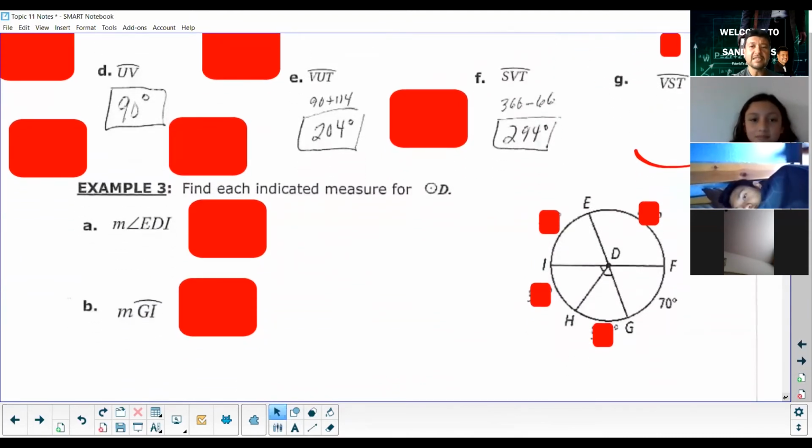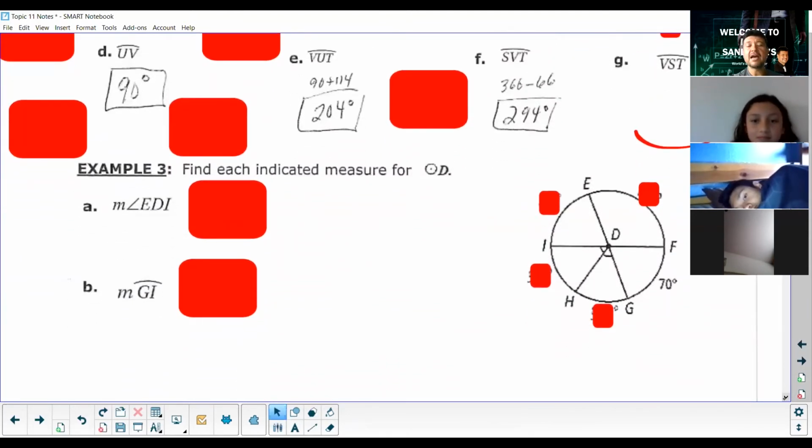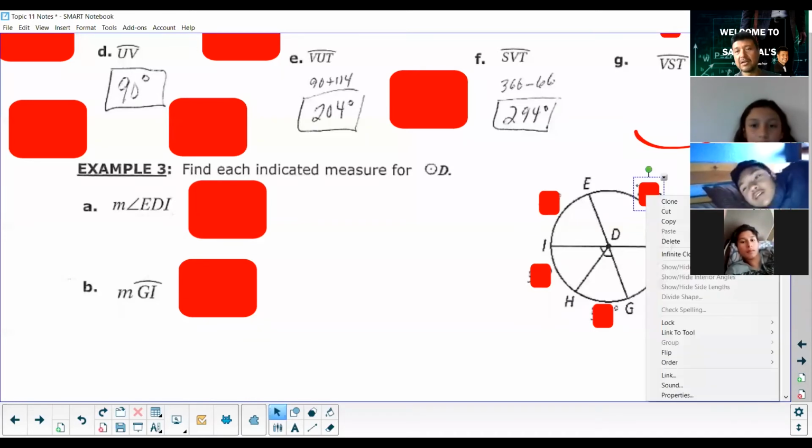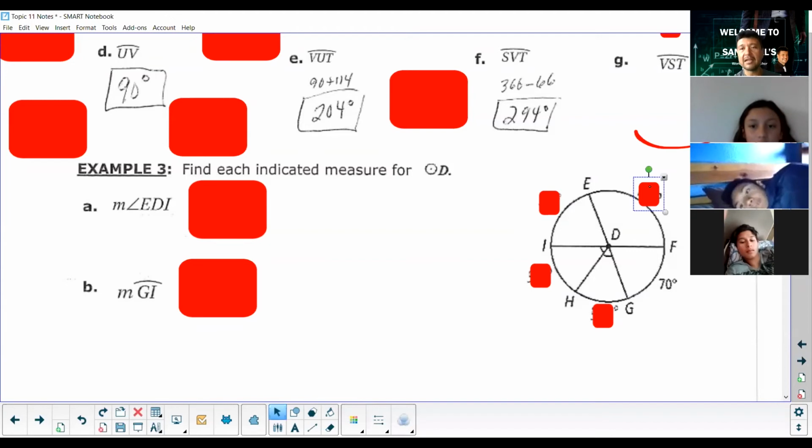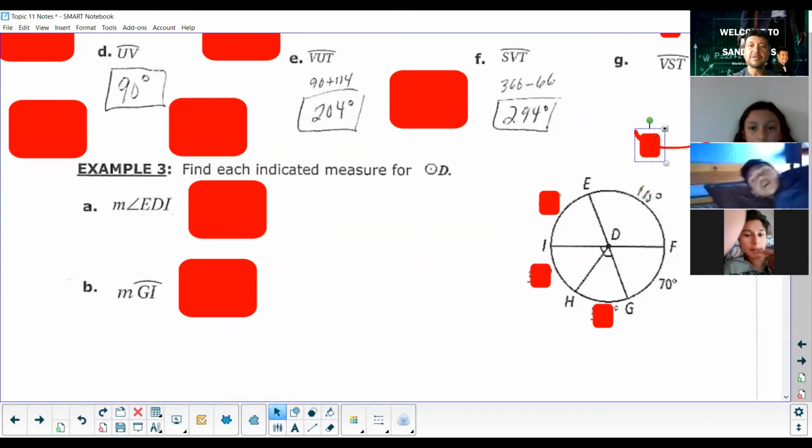Now this is basically the same thing, but now we have to find out what each of these boxes are. Let's start with Marcus. Do you know what this box is? Here, let me show you. This one, the one I'm moving around a little bit. 110.